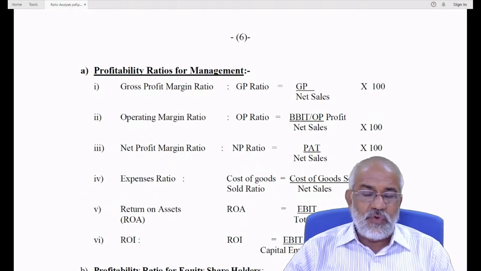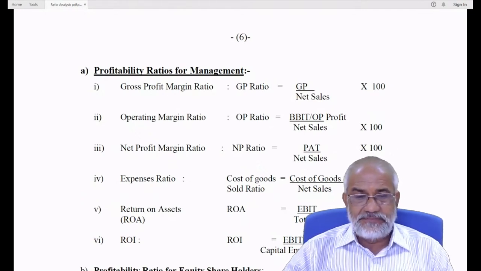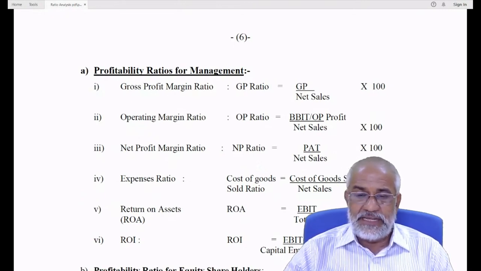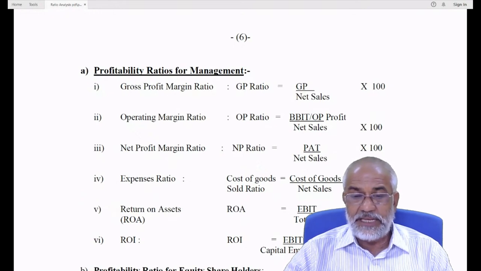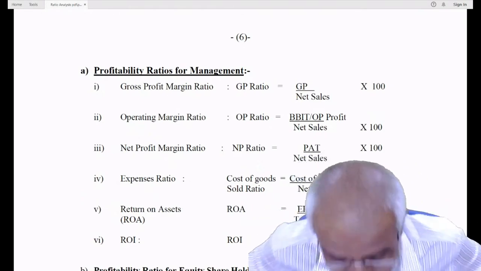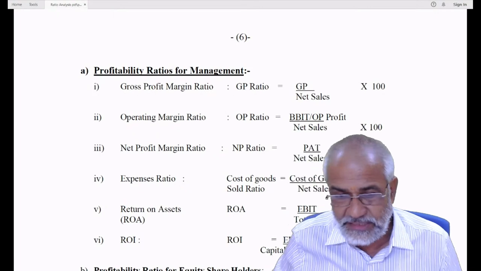Then the next one is ROI, return on investment. Return on investment is calculated by earnings before interest and tax divided by the capital employed. Capital employed can otherwise be expressed as the net worth of the organization.